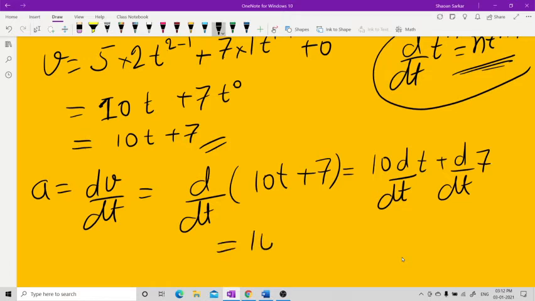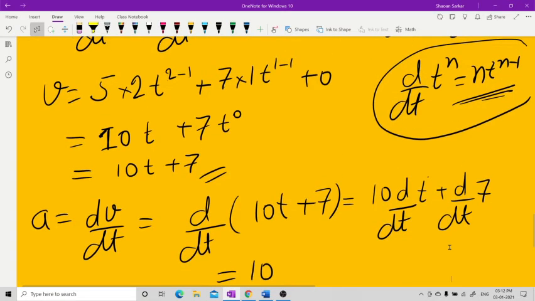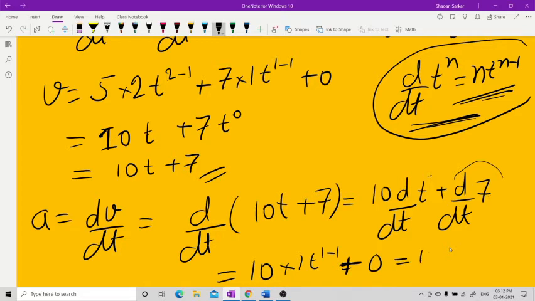So this is 10 times 1 t to the power of 1 minus 1, using this formula, plus 0, because this is a constant. So this is 10 into 1, t to the power of 0. This is nothing but 10. This is the way you will do it.